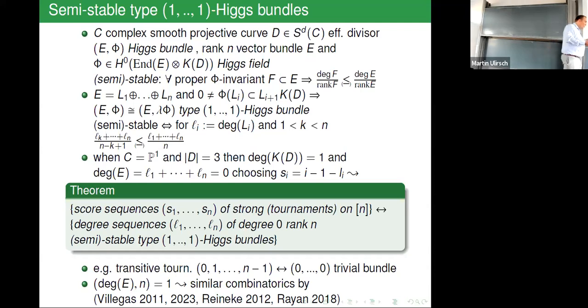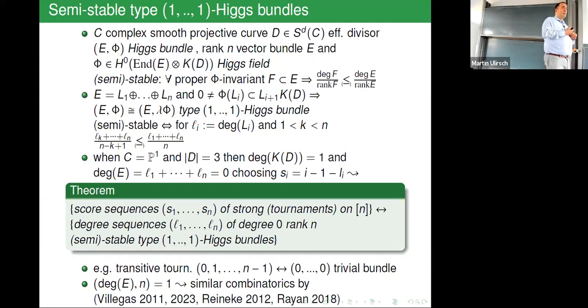But anyway, there is always this kind of combinatorics, and you wonder, is it an accident? Or in general, you can ask why there is so much combinatorics related to Higgs moduli spaces. Does the tournament with this score sequence have a geometric meaning? We have several tournaments with the same score sequence. These score sequences are related to the degree sequence of the Higgs bundles.